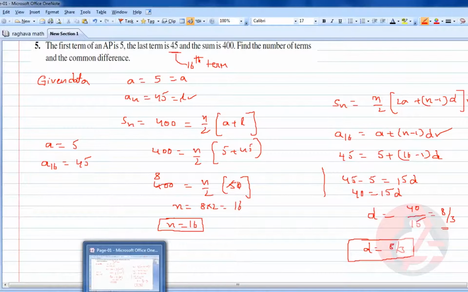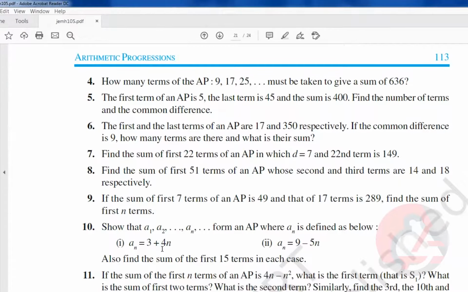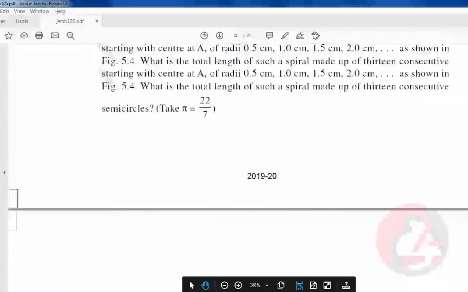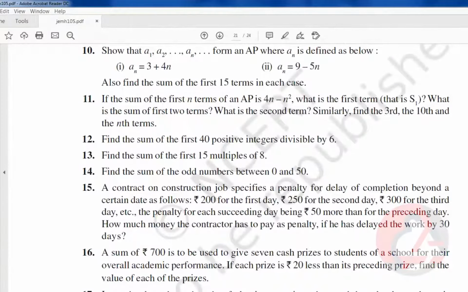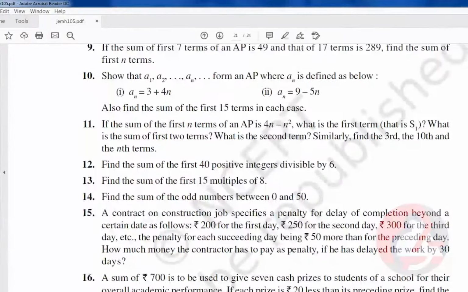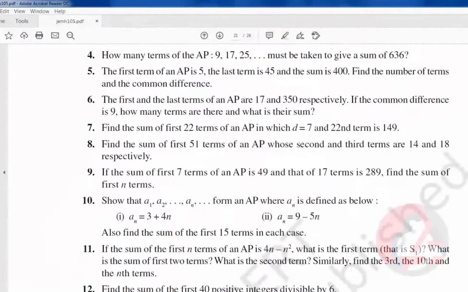We'll go to the next question. I think we're done up to 6th, correct? The 6th one also we did. Sir, we did up to 9th. Yeah, sorry, up to ninth we did.